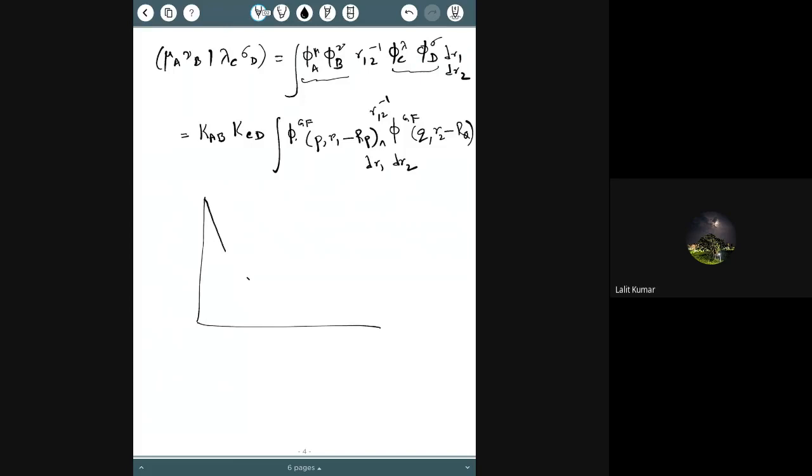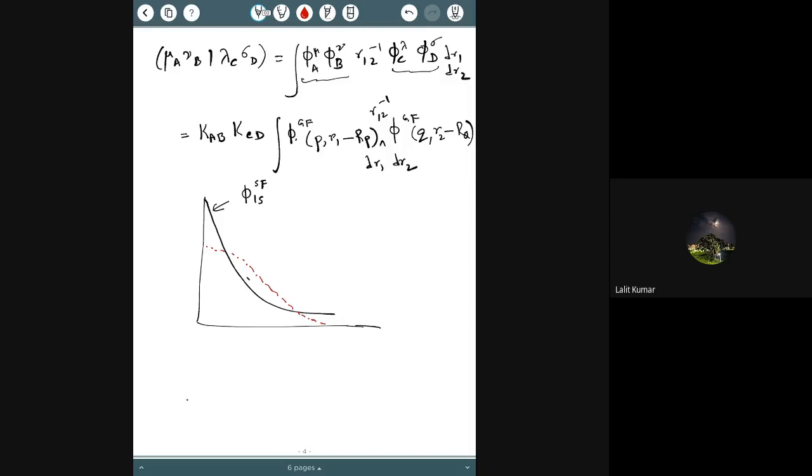Yeah, okay. So this is what the 1s Slater function looks like. And the Gaussian function with the same exponent will look like this. So that is quite a bad fit.